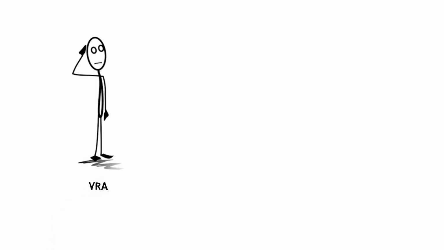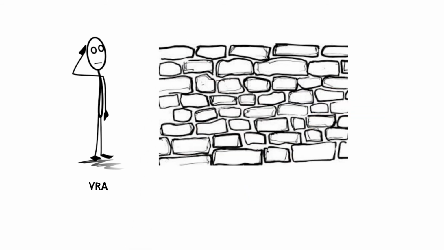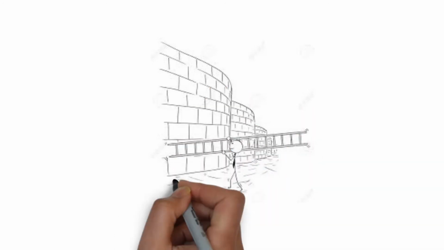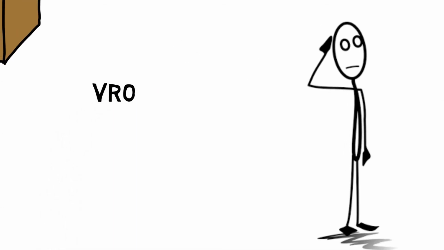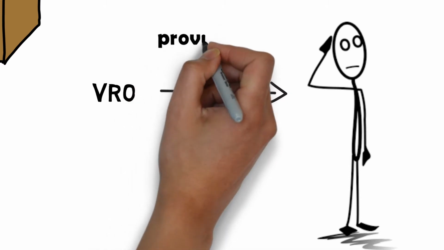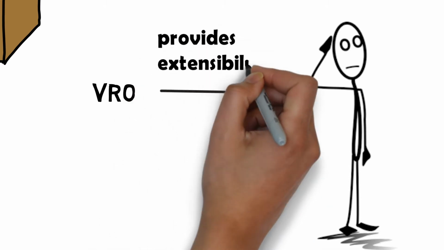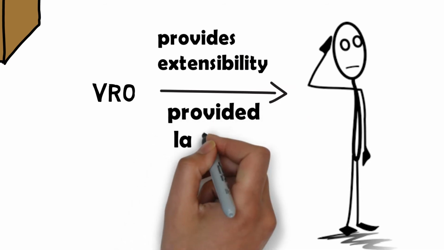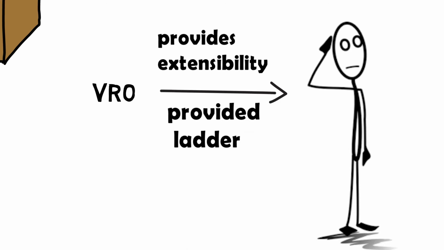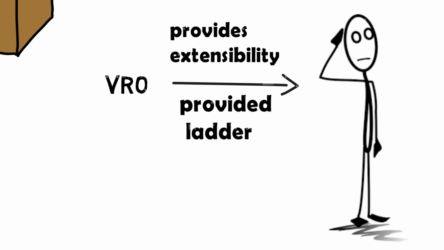He can perform his tasks very well, but in order to perform certain customized tasks, such as climbing a very high wall, he will require customized tools like a ladder. vRO is the one that provides vRA with such extensibility so that it can perform customized tasks by executing custom workflows. So basically, vRO is the one that provided our guy with the ladder so that it can reach much more than what was initially possible.